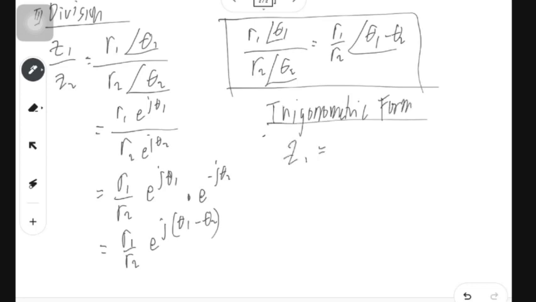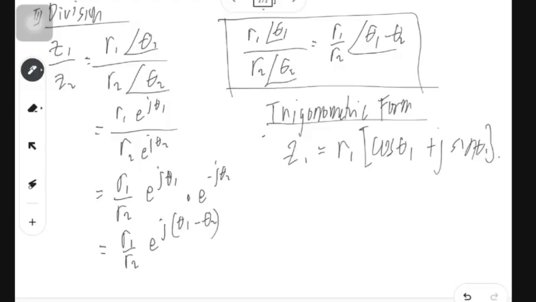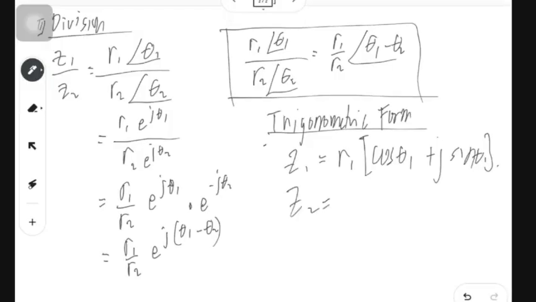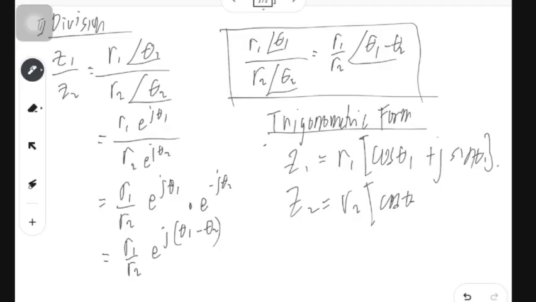Given z1 to be r1 times the quantity cosine of theta sub 1 plus j sine of theta sub 1, then z sub 2 is equal to r2 times cosine of theta sub 2 plus j sine of theta sub 2.